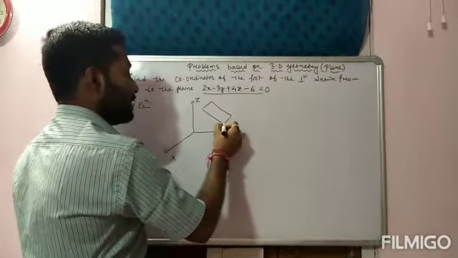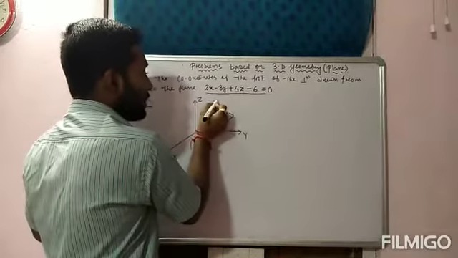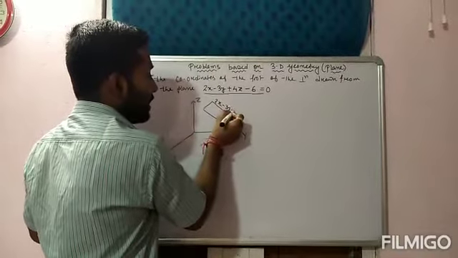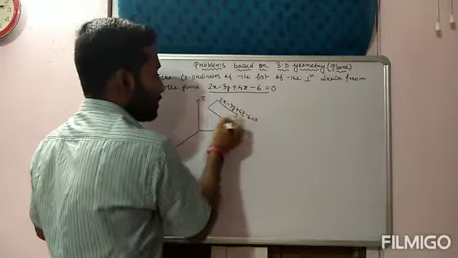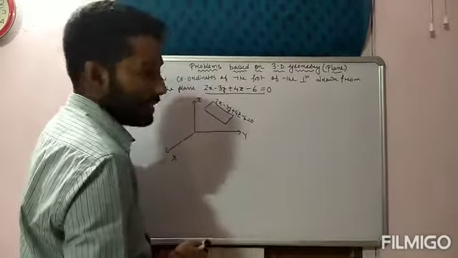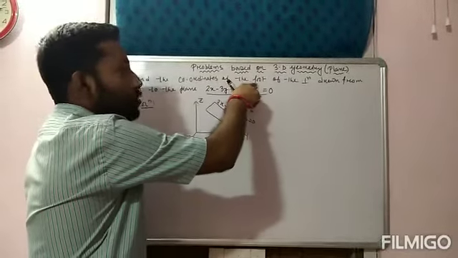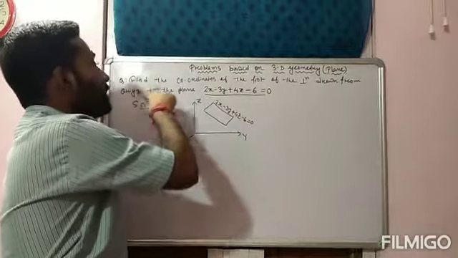Let us consider the plane whose equation is given, that is 2x minus 3y plus 4z minus 6 equal to 0. ये प्लेन का इक्वेशन ये है. ठीक है, क्या फाइंड आउट करना है? The coordinates of the foot of the perpendicular drawn from the origin to the plane.